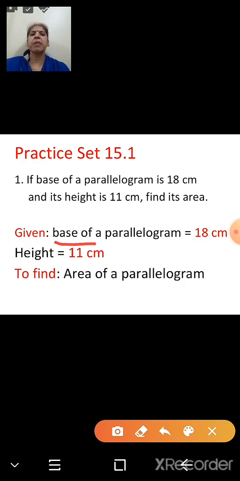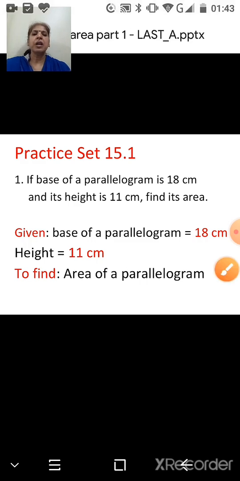Base of a parallelogram is 18 cm. What else is given? Height is 11 cm. We have to find the area of a parallelogram.